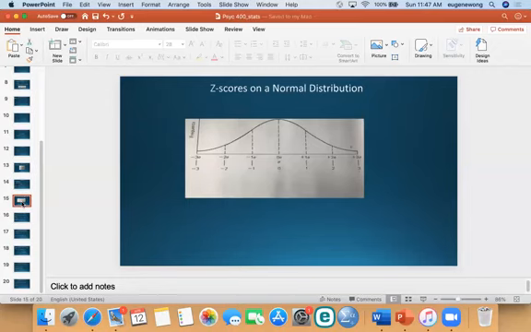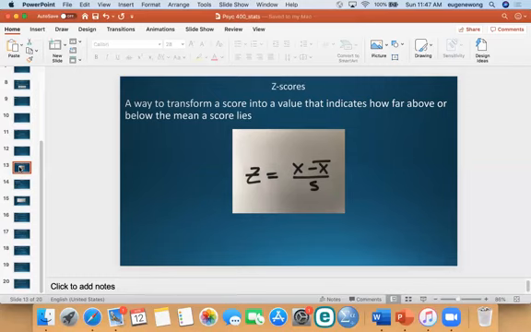where, see right in the middle, you have a z-score of 0. Then to the right, you have +1, +2, +3. To the left, you have -1, -2, -3. Well, when you calculate the z-score using this formula here, you're going to get a value that is between -3 and +3.